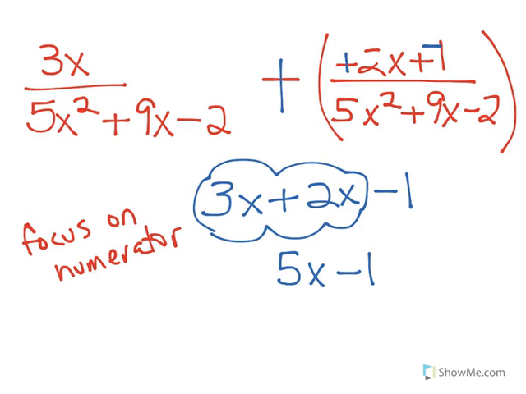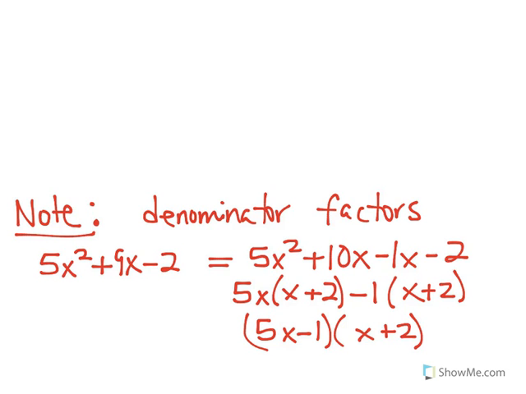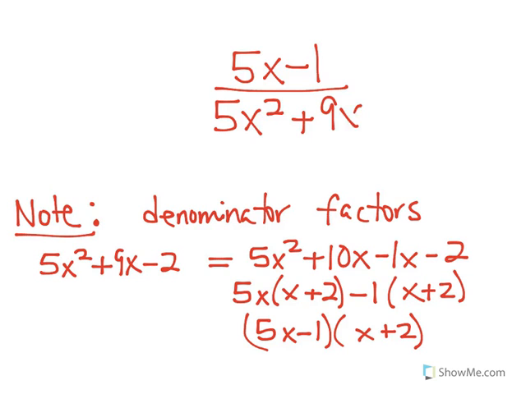So our numerator, we can go ahead and rewrite it now as 5x minus 1 all over our common denominator, 5x squared plus 9x minus 2.